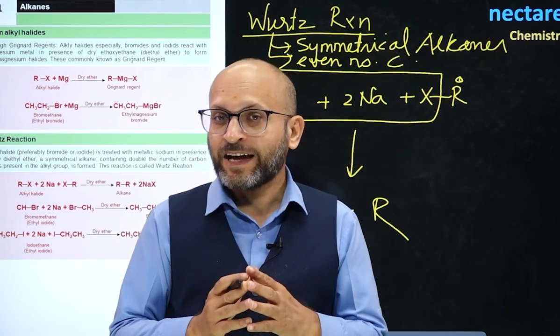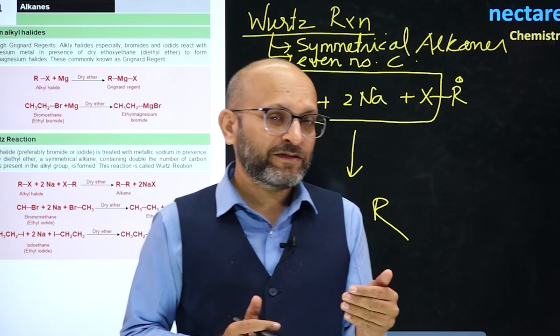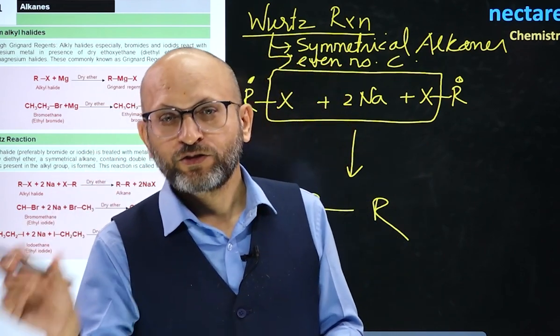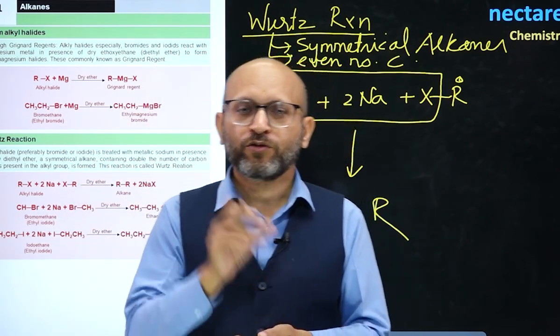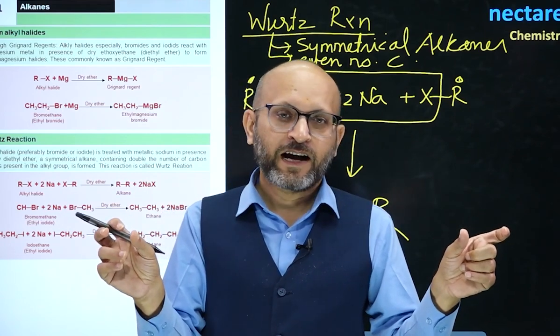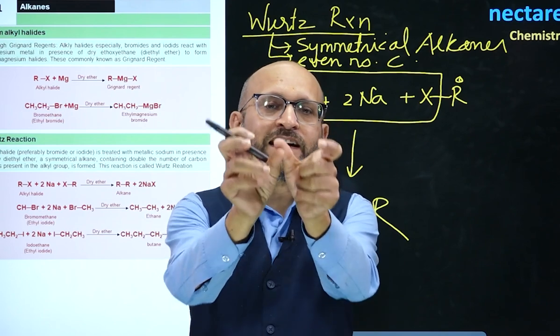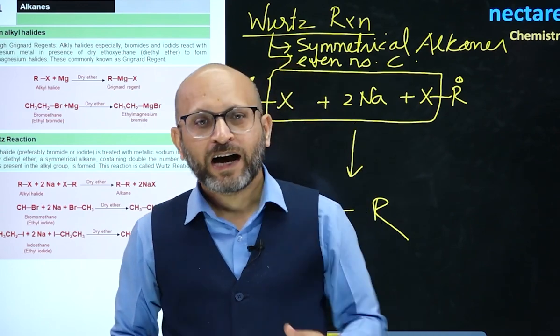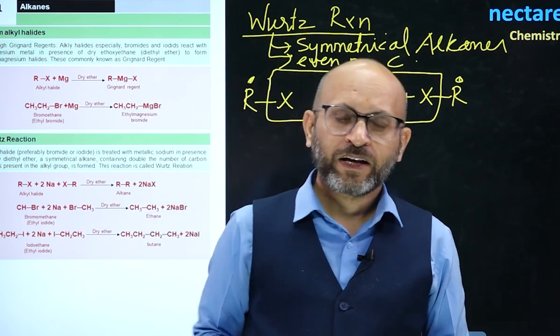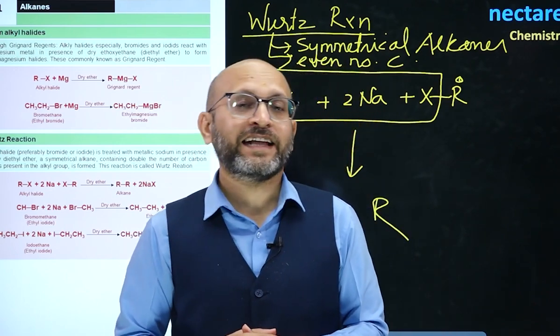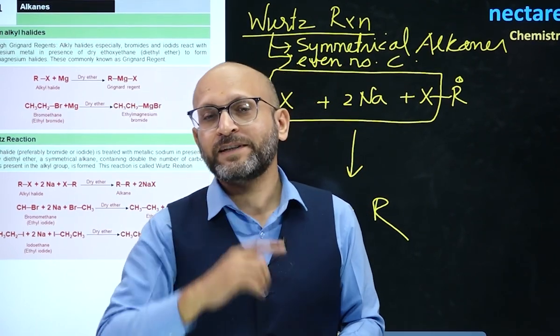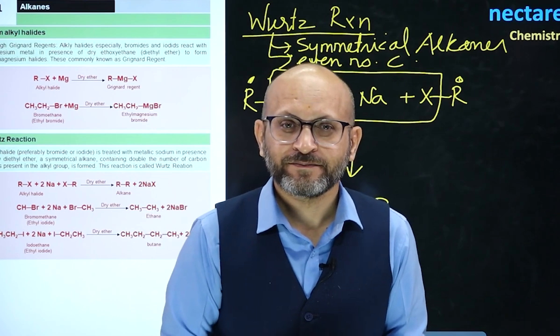And for the formation of hexane, I think you will agree with me, we take 2 moles of propyl bromide. So 2 propyl groups are left after removal of Br. So 2 propyl groups will combine with each other, and we will get hexane. Now answer me, if I have to prepare decane, what will be the alkyl halide you will take?